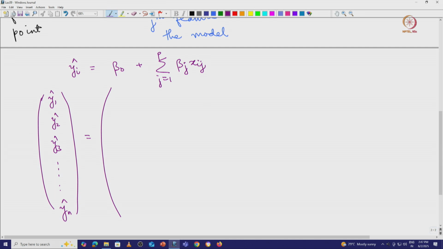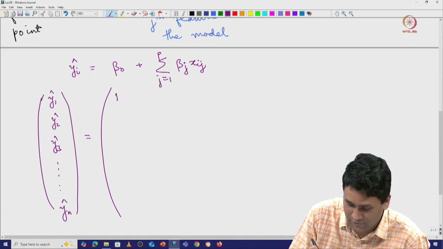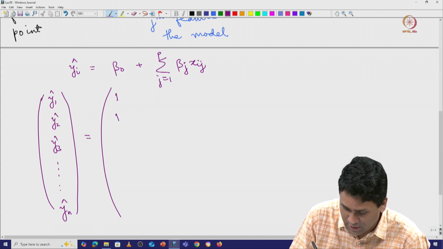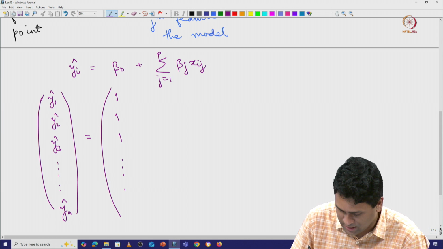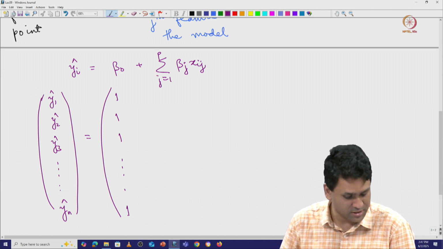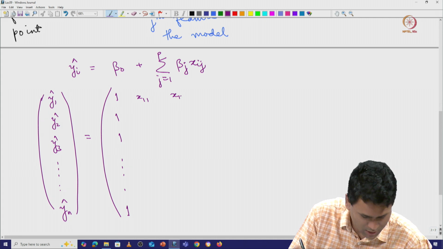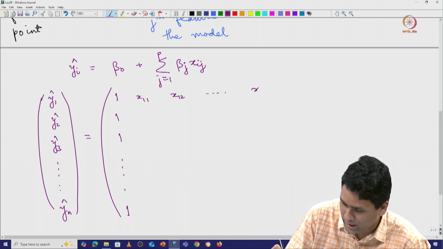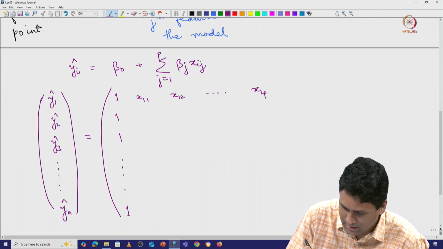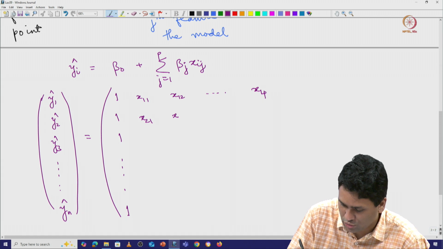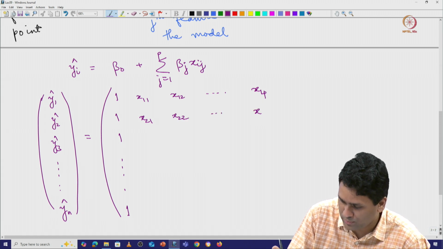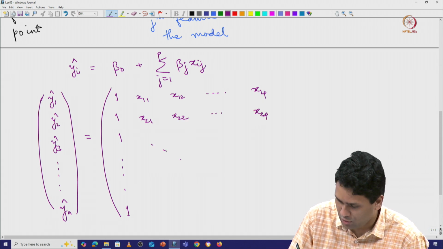Now, in some sense the common feature in all the data points is 1, because this beta naught is an intercept that is independent of the feature vector. So, the first column will be all 1s. So, that is the first feature, and then the rest of the features are x11, x12 and so on up to x1p, and this is x21, x22 up to x2p and so on and so forth.